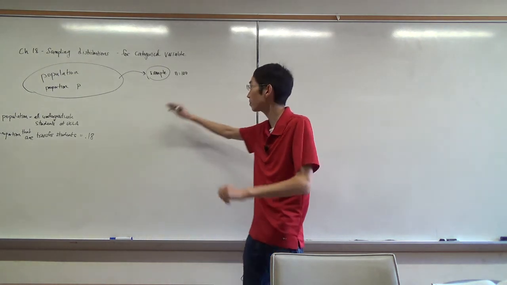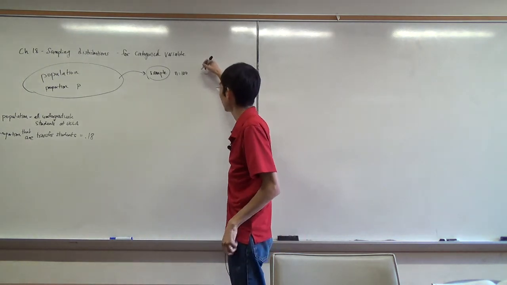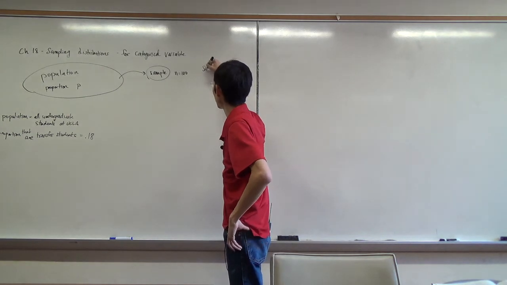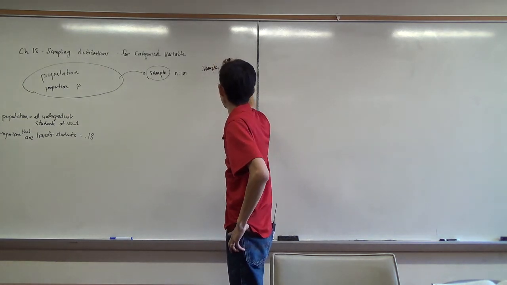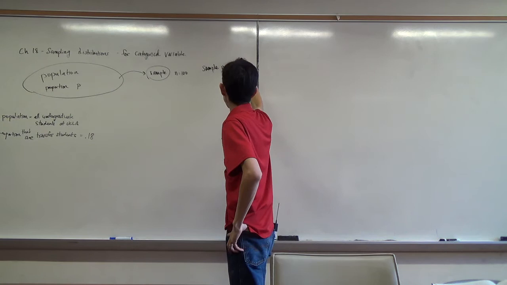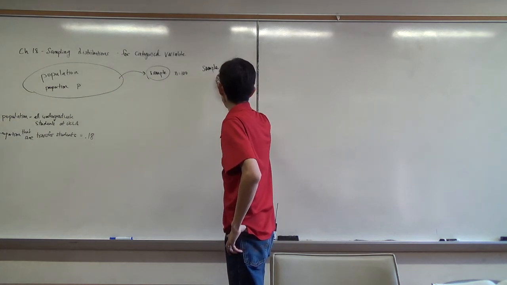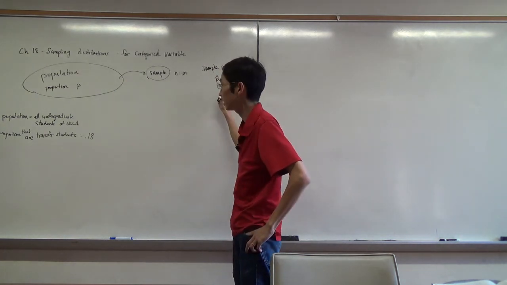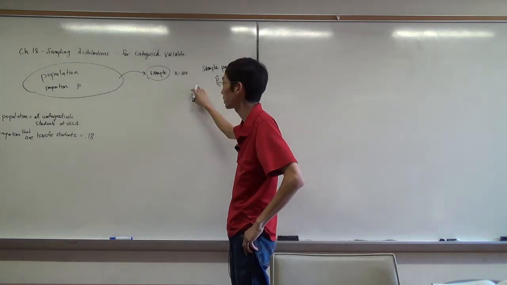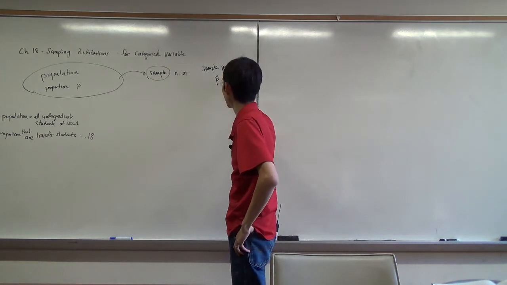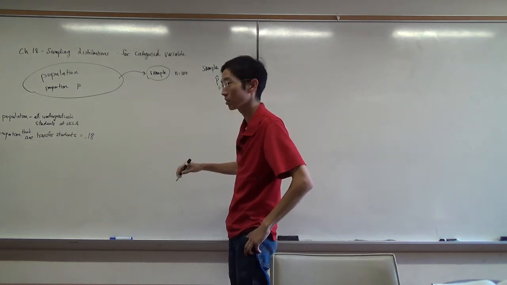So my sample would give a sample proportion, which we call p hat to indicate this is the proportion from a sample and not the population. This could be equal to 0.20.